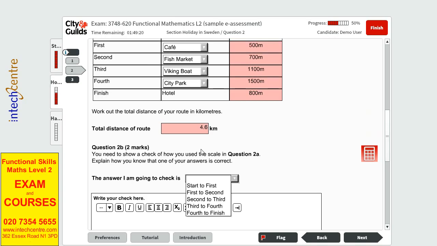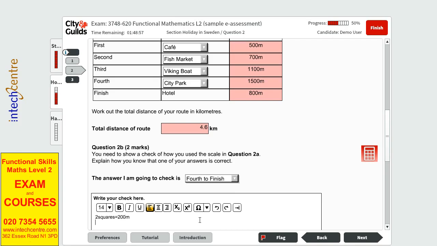2 squares equals 200 meters. We can pick whichever. We can go for the last one, for example. It will be easier to explain because we have an even amount of squares. So we have fourth to finish, as it says there. We pick that one, so we have 2 squares equal to 200 meters.